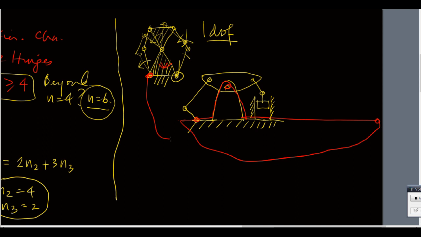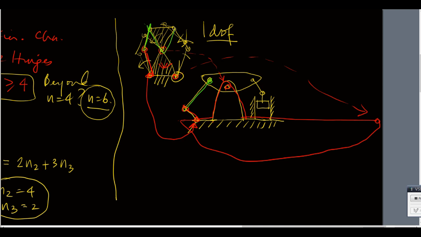This hinge is here. This hinge is here. This hinge has gone off all the way to infinity. All right, and then this link and this hinge, this link and this hinge. We use green here. From here to here, this one is here.